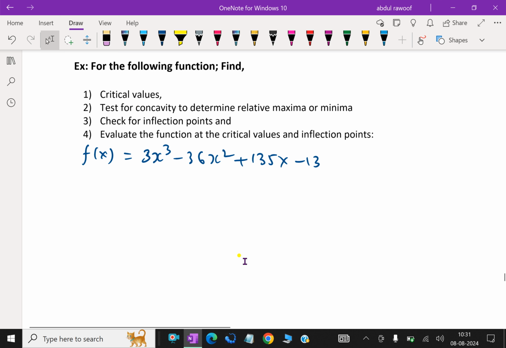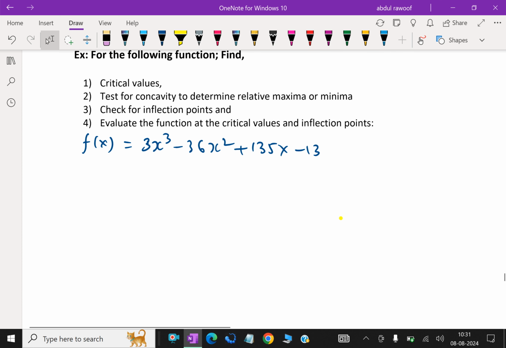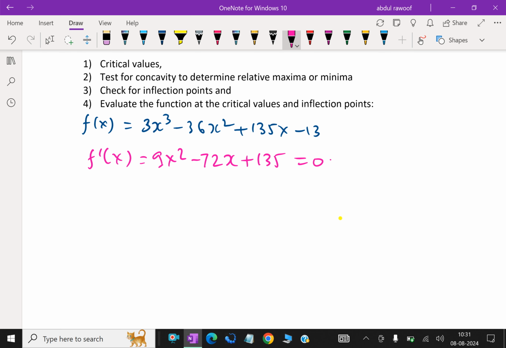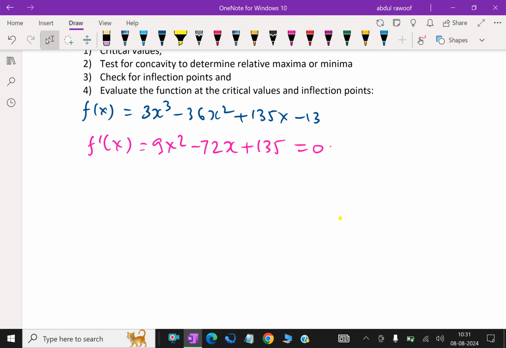This function is given as 3x cube minus 36x square plus 135x minus 30. First we have to find the first derivative of this function. 3x cube derivative is 9x square, and 36x square is minus 72x, because 2 into 36, plus 135, the derivative of 135x. So equate to 0.